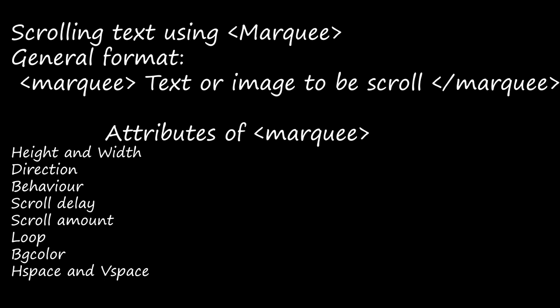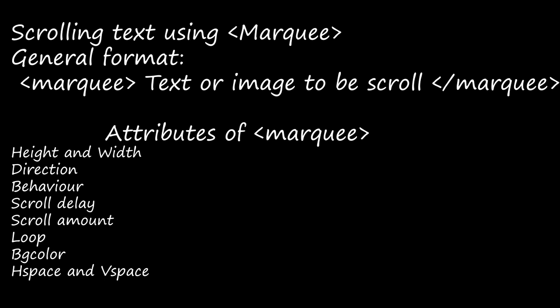If you have not mentioned any direction there, by default the image or the text will move from right to left. If you want to make it move up, down, left or right, you can just give the values as up, down, left or right.